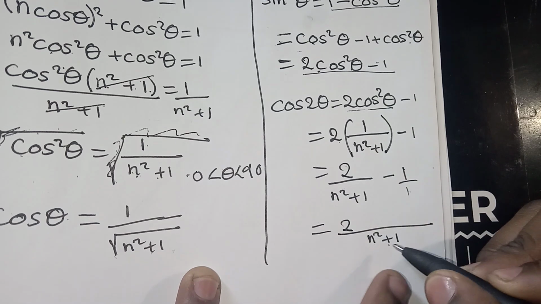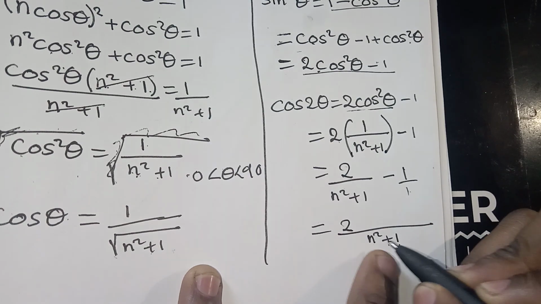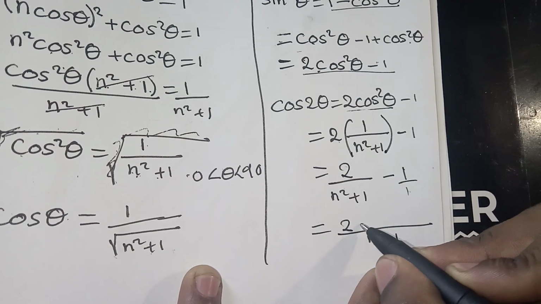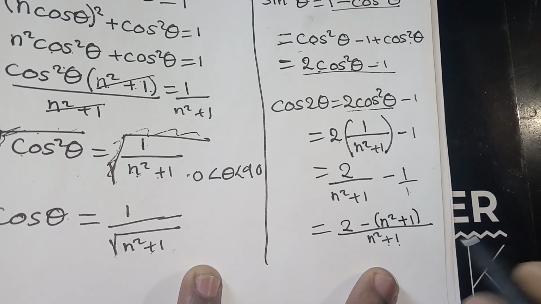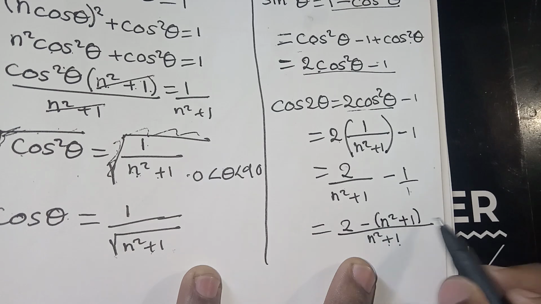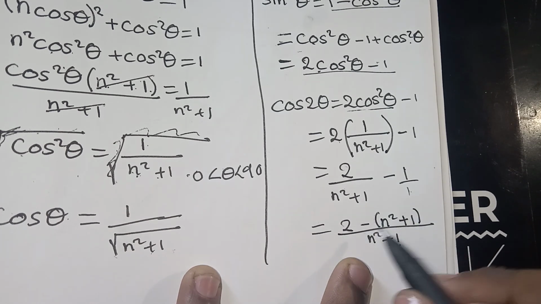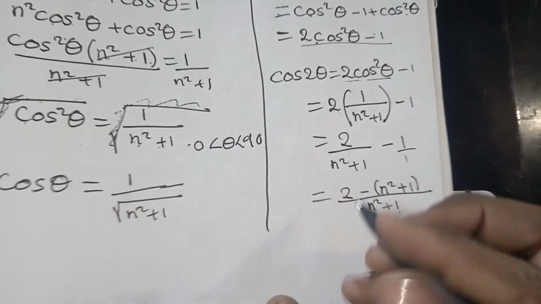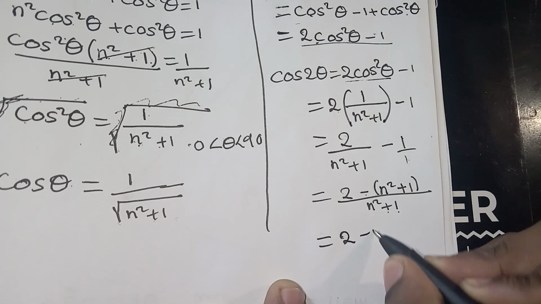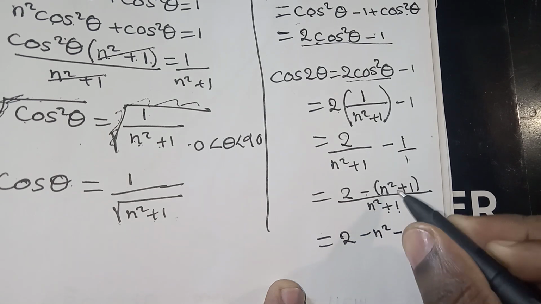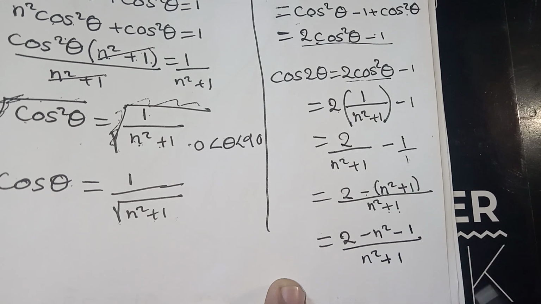Then 1 into n squared plus this is n squared plus 1. You multiply it by negative 1. So please make sure you use the brackets here. It's very important unless you want to mess up with the signs. So you have 2. This times this will be n squared minus 1, then over n squared plus 1.